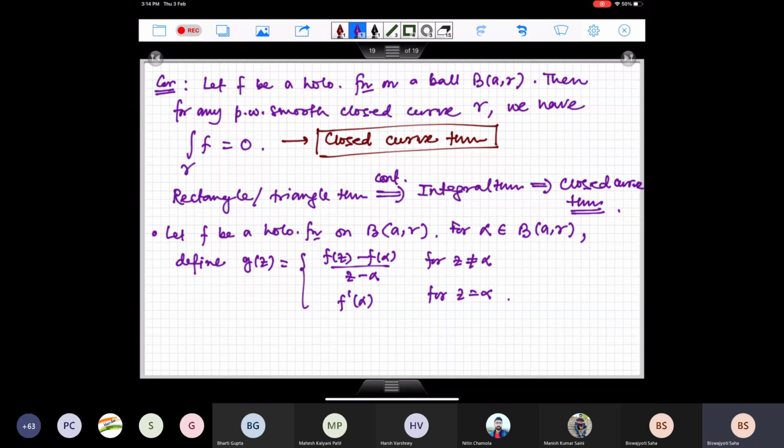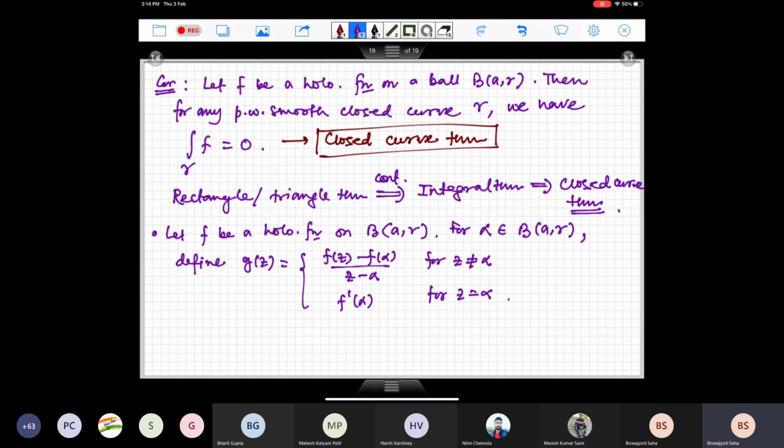Yes, sir. Okay, so it's clear that g is continuous at alpha. And will you also agree that g is holomorphic on the ball except possibly at alpha? That this function g is holomorphic on the ball except possibly at alpha and is continuous at alpha.